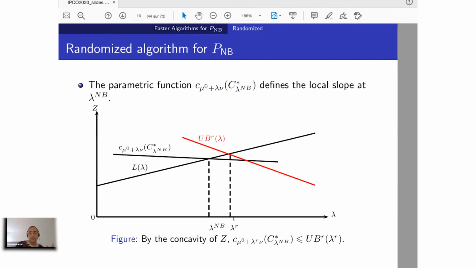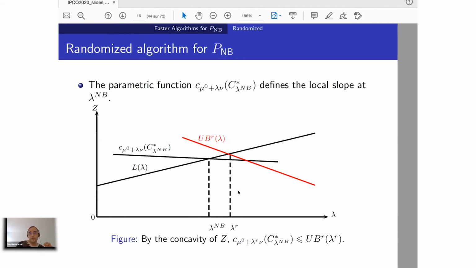So by using the concavity of the z function of the parametric min cut value, imagine that we know the next breakpoint, so we can draw a third line corresponding to the cut defined by the next breakpoint. At lambda r, this unknown line, unknown facet, will be below the intersection of the red and the black lines at lambda r.